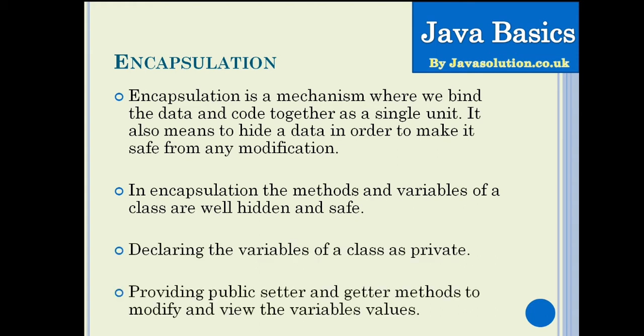So declaring the variable of a class as private, providing public setters and getter methods to modify the variable's value. So encapsulation is actually where you hide your properties, so the properties cannot be changed or modified or even accessed by any other class externally.